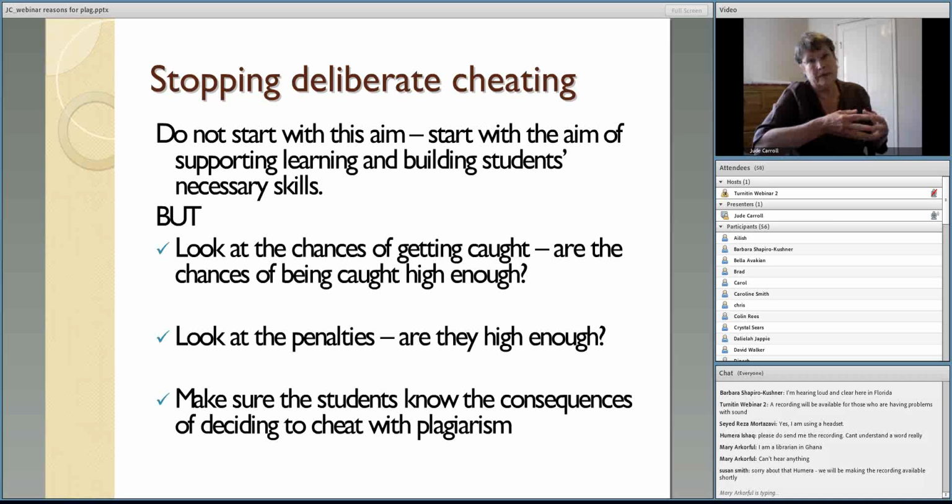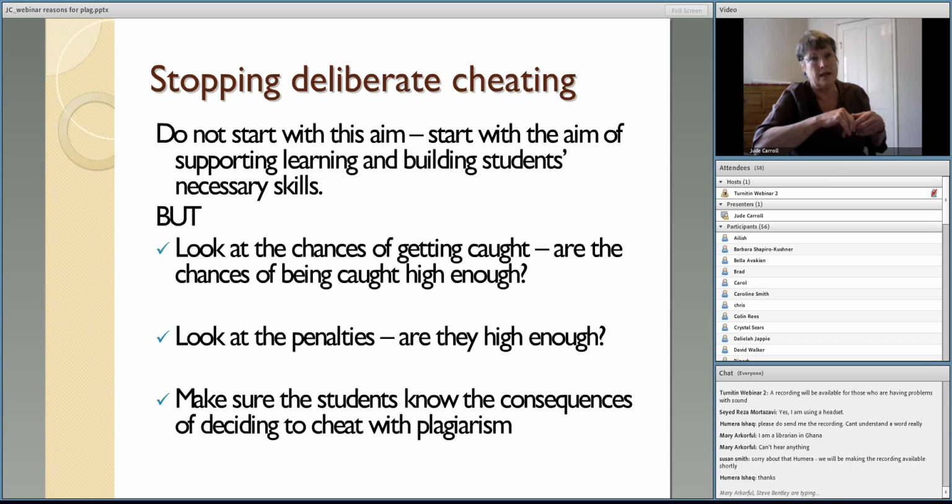You look at your penalties. Are they high enough? We've had several interesting studies that look at when the penalties are high enough to dissuade students from taking the risk, and that's really significant in shaping their decisions whether they want to cheat or not. I think particularly penalties around commissioning sites ought to be very high indeed.